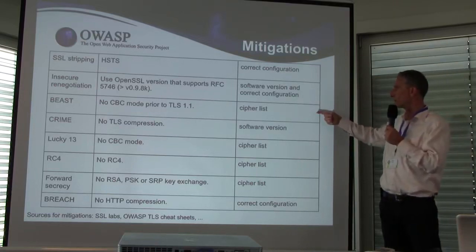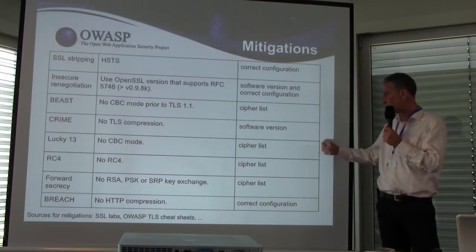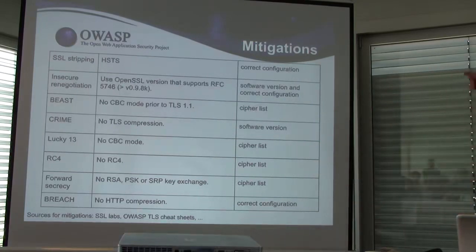So BEAST is going to be addressed by the correct configuration of a cipher list. Lucky 13, RC4 vulnerabilities, and forward secrecy. Now the other ones, SSL stripping, CRIME and BREACH, Nelis will cover in a later demonstration.